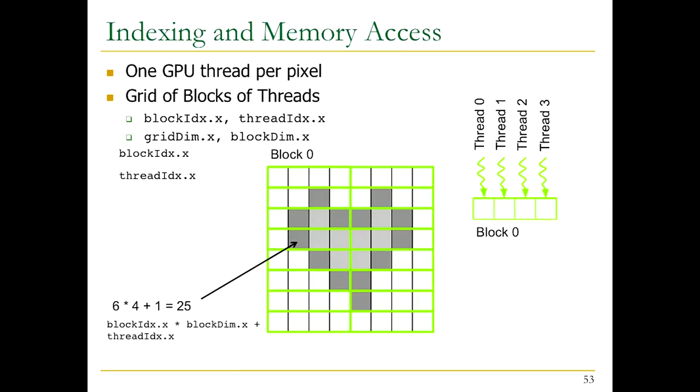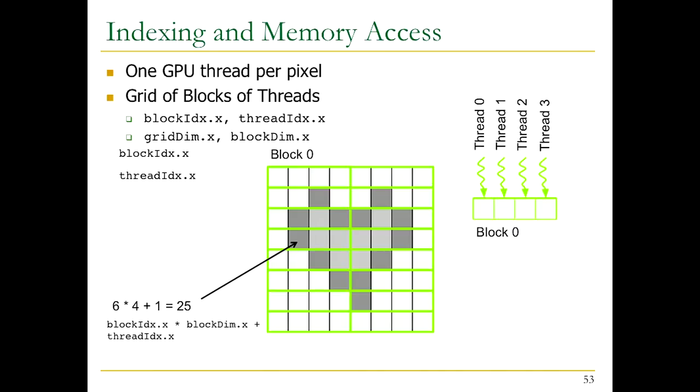So this pixel, for example, is in block index equals 6. You see blocks are 0, 1, 2, 3, 4, 5, 6. And within block 6, it's the first thread, number 1. It's 0, 1. So this is the way we can access this pixel number 25, okay?